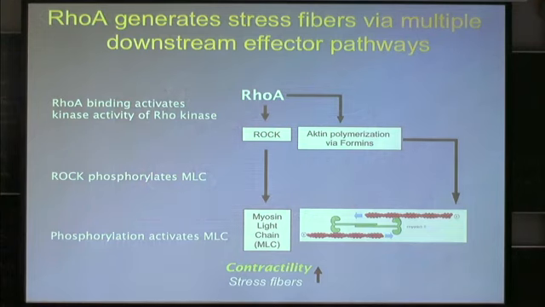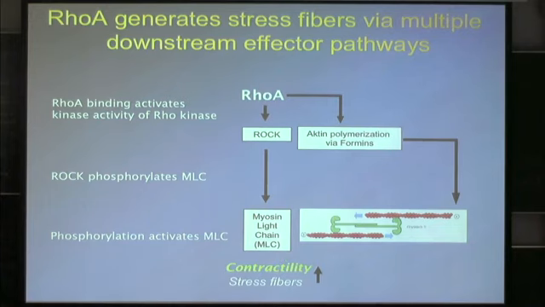Well, so this was RAC, and RhoA, this contractility GTPase, also has multiple downstream effector pathways to transduce its signaling. So first of all, it activates Rho kinase, which then phosphorylates myosin light chain.